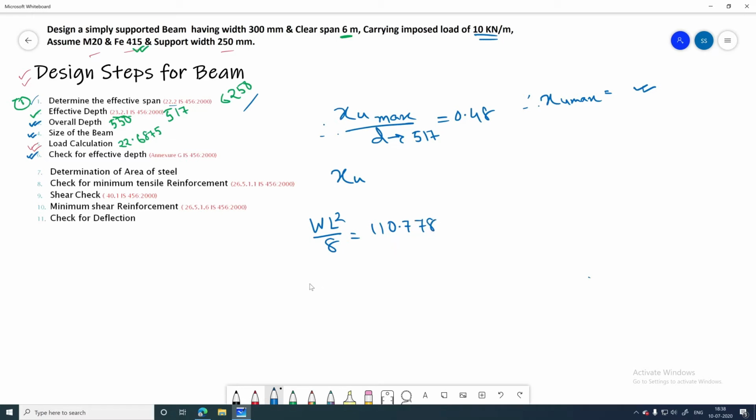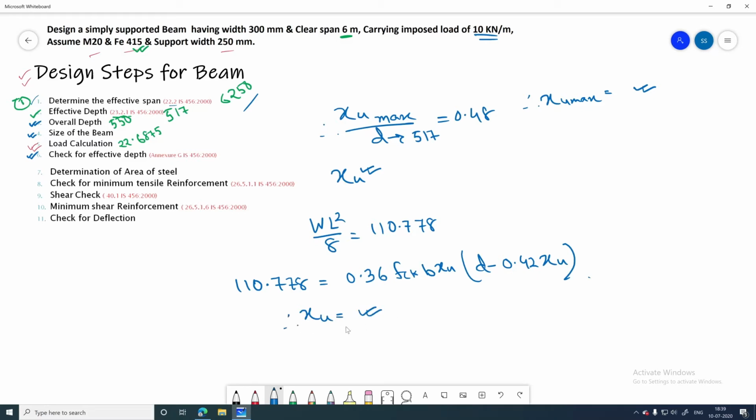So if you need to determine the actual depth of neutral axis using this moment, you just use this formula: 110.778 equals 0.36 FCK B XU into D minus 0.42 XU. If you use this formula, you will get the actual depth of neutral axis.